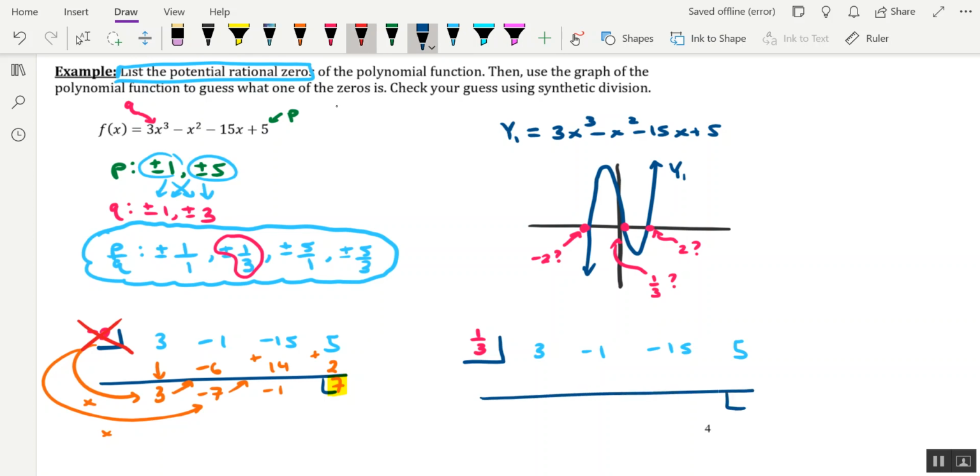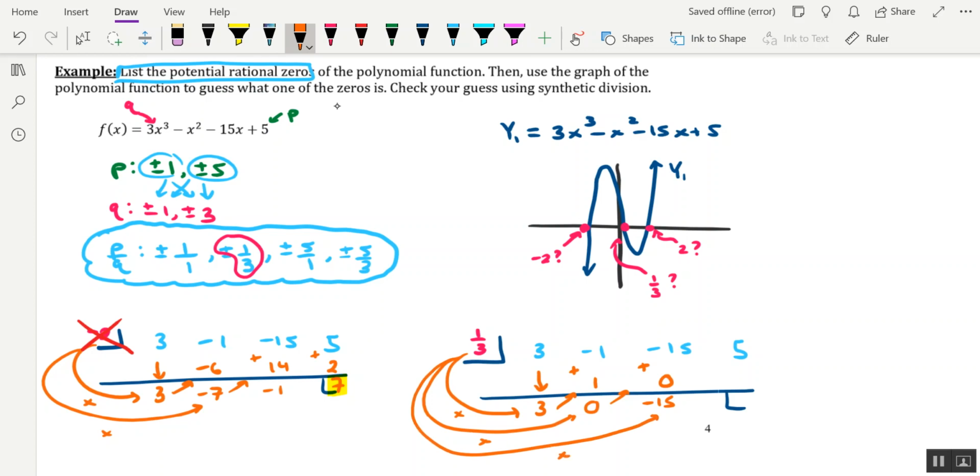Okay, the process is the same. Bring down the 3. Now, you gotta love this. 1/3 times 3 gives us 1. And when you add negative 1 to 1, you get 0. So 1/3 times 0 will give us 0. And you gotta love this too. 1/3 times negative 15 gives us negative 5.